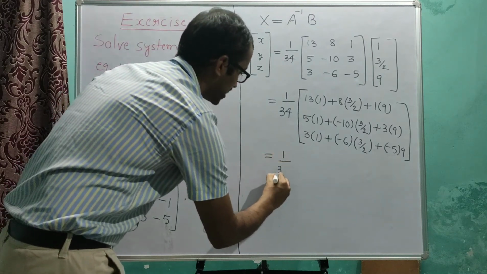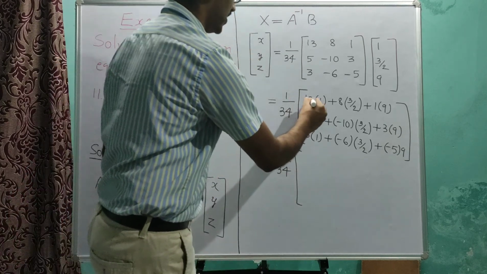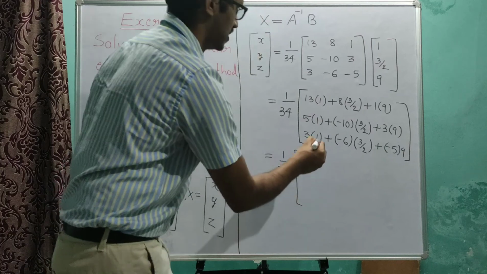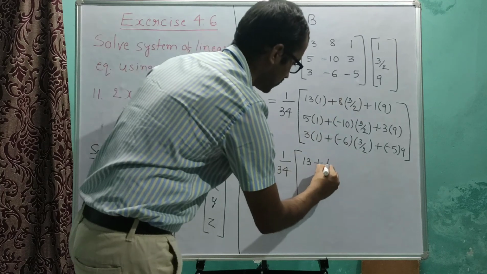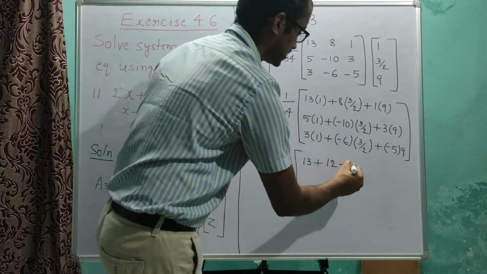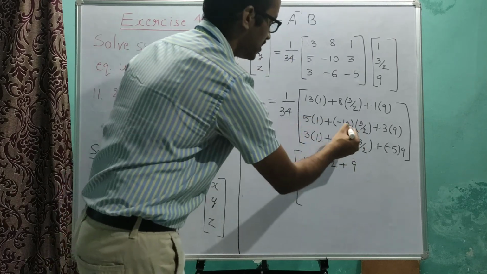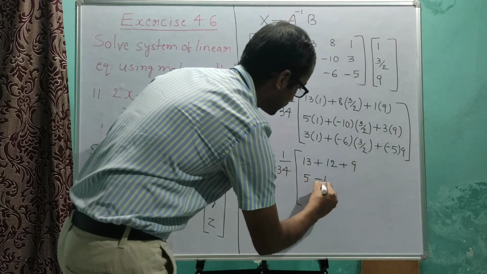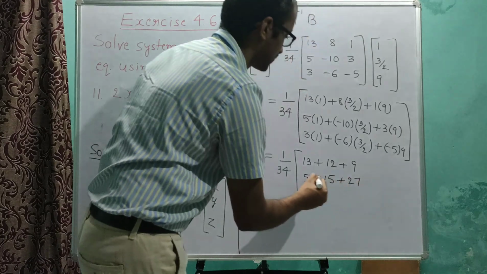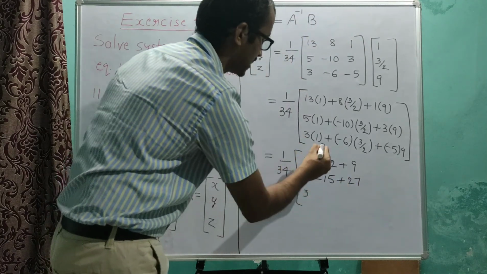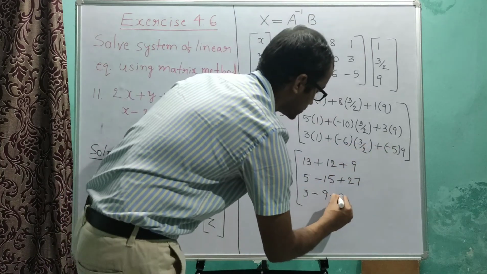So that is equal to 1 by 34 into, simplifying, 13 into 1, 13 plus 2 4s are 8, 4 3s are 12 plus 9. Here 5 minus 15 plus 27. 3 minus 9 minus 45.